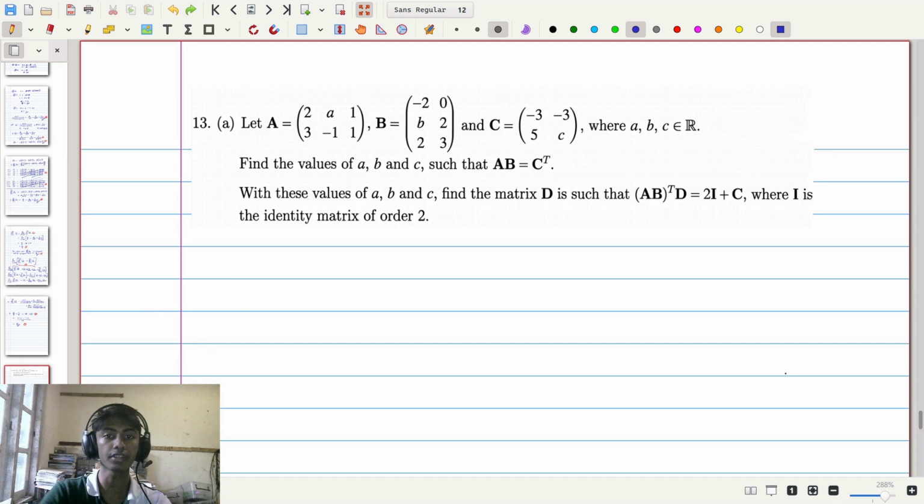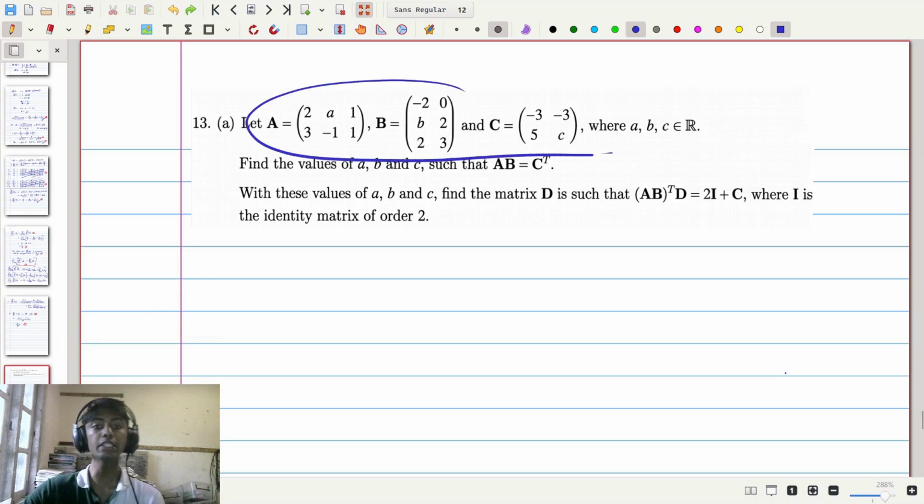Now, to start off with this question, let's write down the equation capital A matrix times capital B matrix equals capital C matrix transposed and substitute in each of these three matrices.